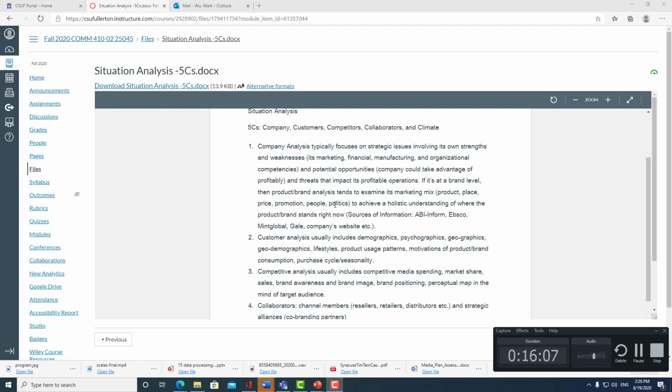For example, we have something called VALS, which looks at different motivations in life: achievement orientation, expressive orientation, or principle orientation.